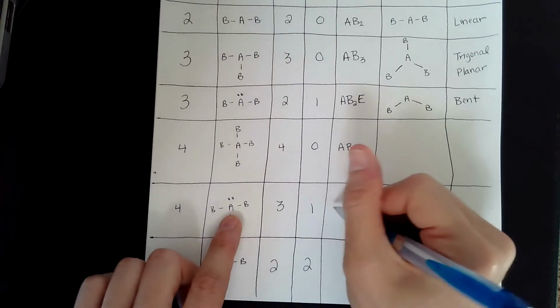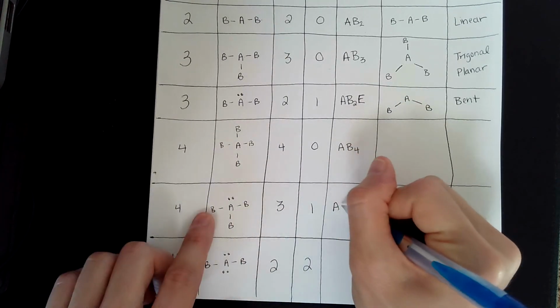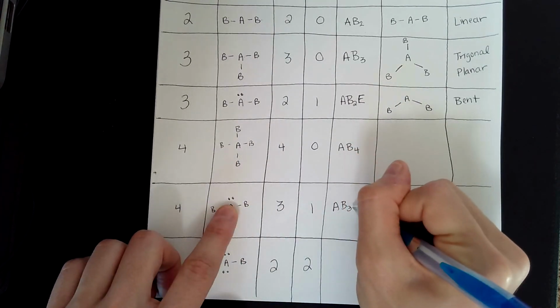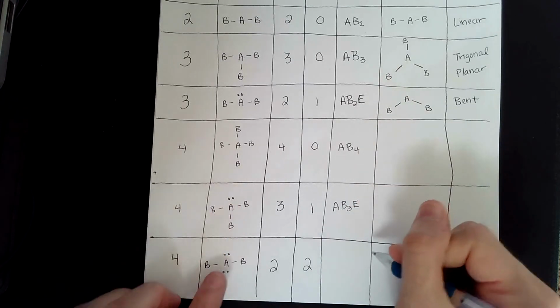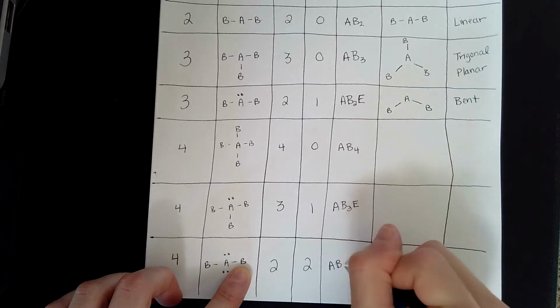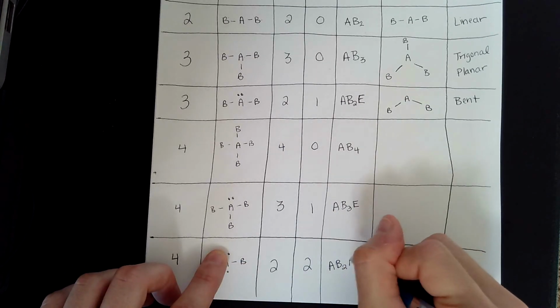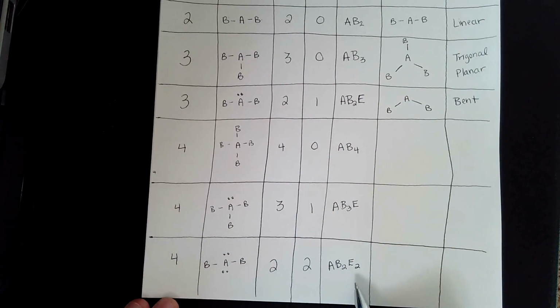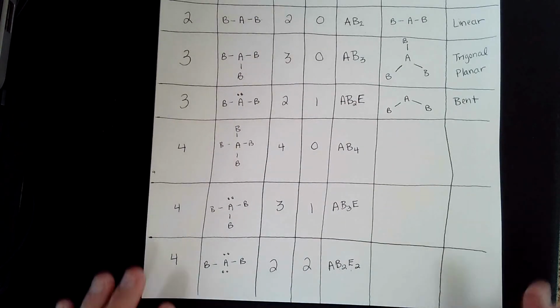This code would be AB3E, and this one would be AB2E2. They look a little strange, but it's just referring to the bonds and the electron pairs.